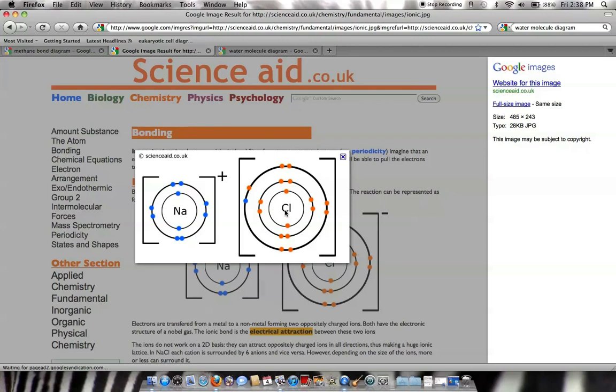So these two are attracted to each other by an electrical positive negative attraction, and that's what ionic bonding is. So ionic bonding is the attraction or the bond that forms between oppositely charged atoms. And these atoms now, since they do have a charge, are called ions, and therefore an ionic bond.